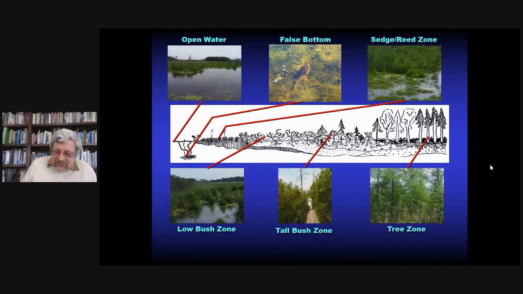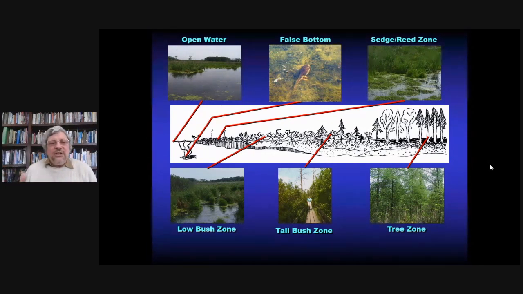A layer about 6 to 12 inches beneath the surface looks like a bottom surface. So you see a tadpole running around on the crazy thing. But if you put your fingers in, like let's say you're on a boat out there and you reach over, you easily go right through that vegetation layer. It's really nothing, really extremely thin.